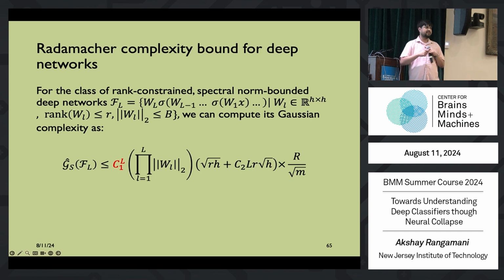So this bound is the Gaussian complexity for deep networks which are rank bounded.